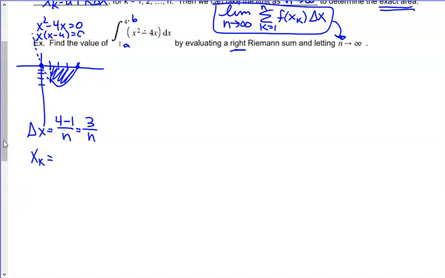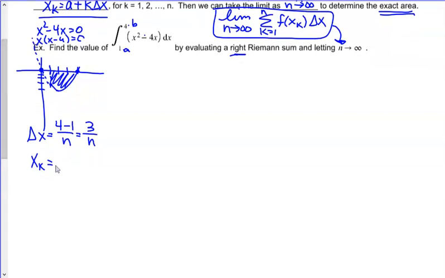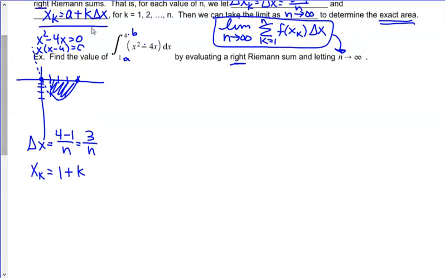X sub k, I told you right here, with the right-hand endpoint is 1 plus k delta x. So I want my a value to be 1. K is always changing, that's our variable, times delta x, which we found to be 3 over n. Okay, so I'm going to simplify that.